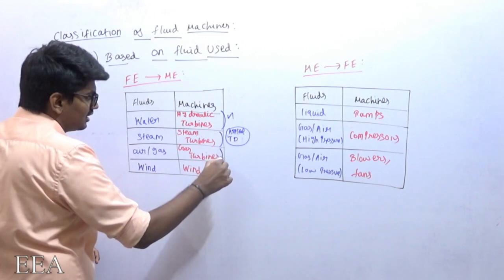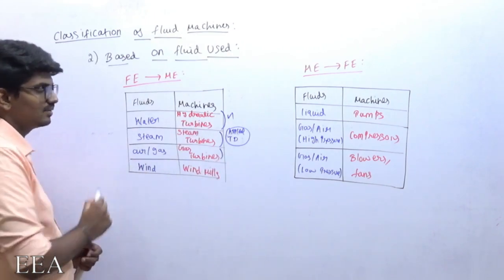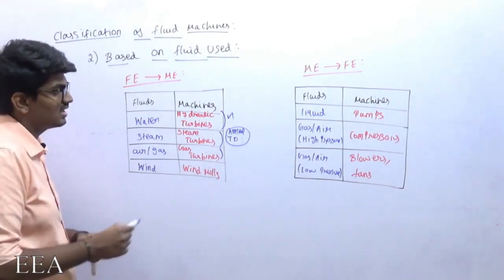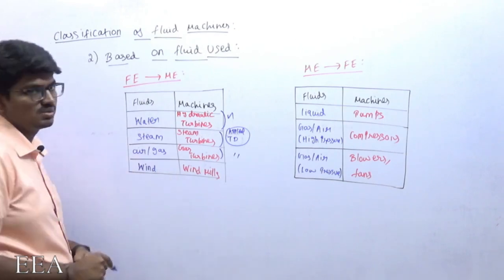Gas turbines, again, if I use any gas or air, that type of turbine is a gas turbine, and that also will be discussed in applied thermodynamics, so you don't have to worry about it.